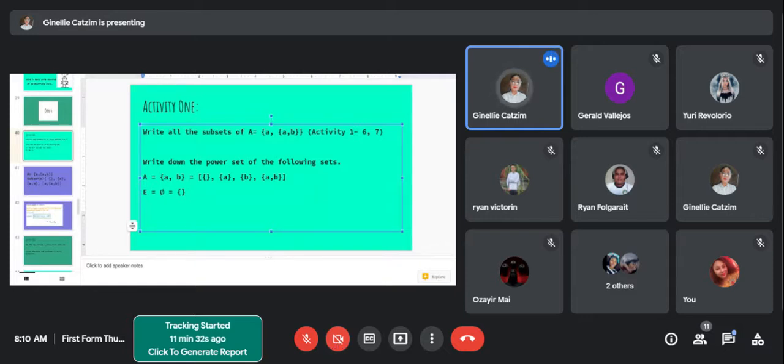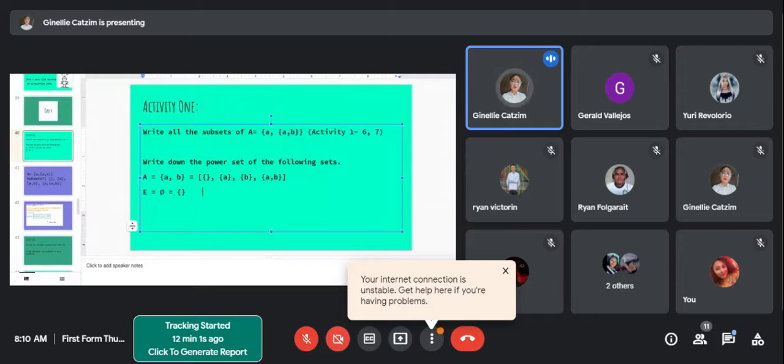Because E only has one subset, then the power set is just that one, just that null set. We cannot say the power set are two subsets because the set does not have two subsets. It just has one. So because it just has one subset, then the power set will be only that subset, right?